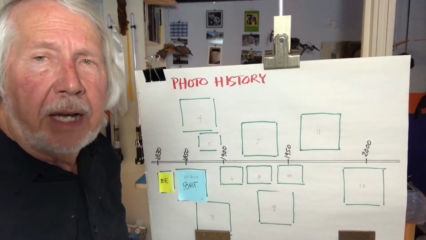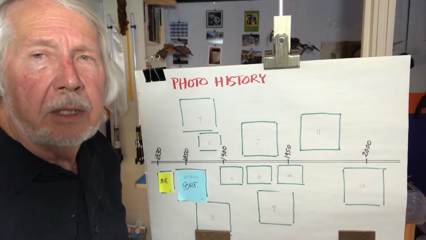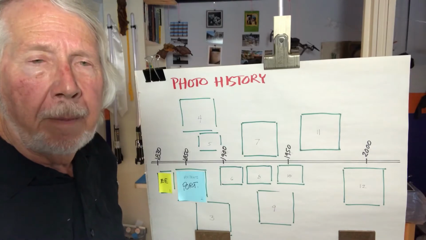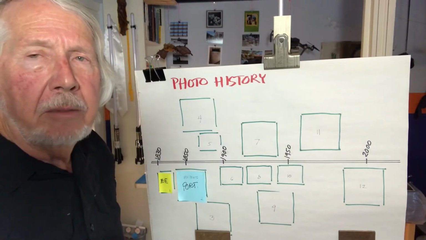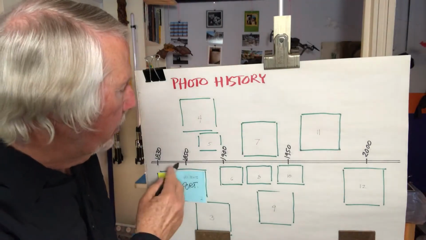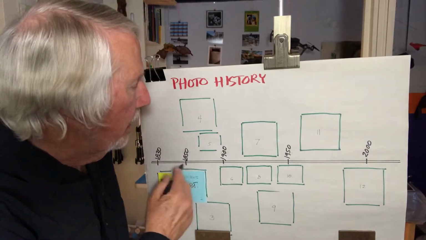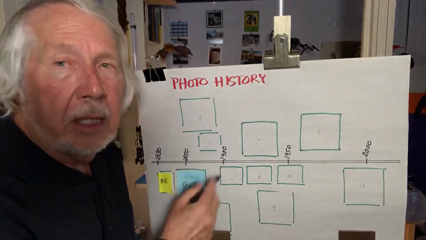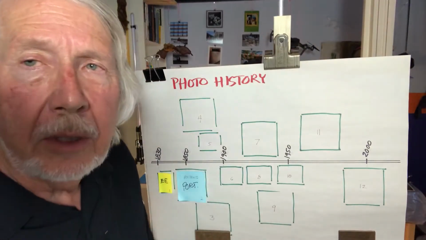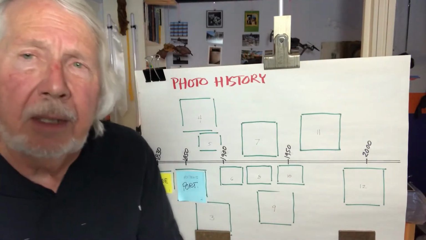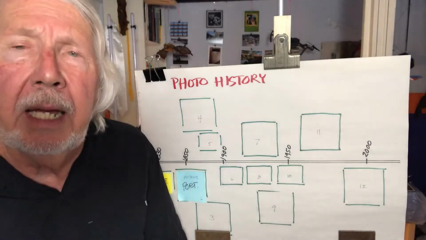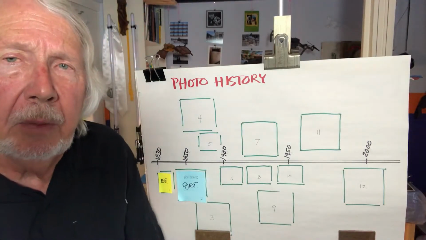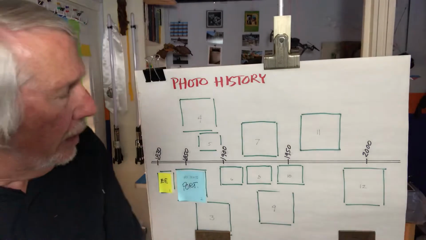Portraits is viable today as it was in 1850, but I'm just putting it down here between 1840 and 1870 because it was so novel. It was such an interesting thing that people hadn't had before, and they really appreciated it.